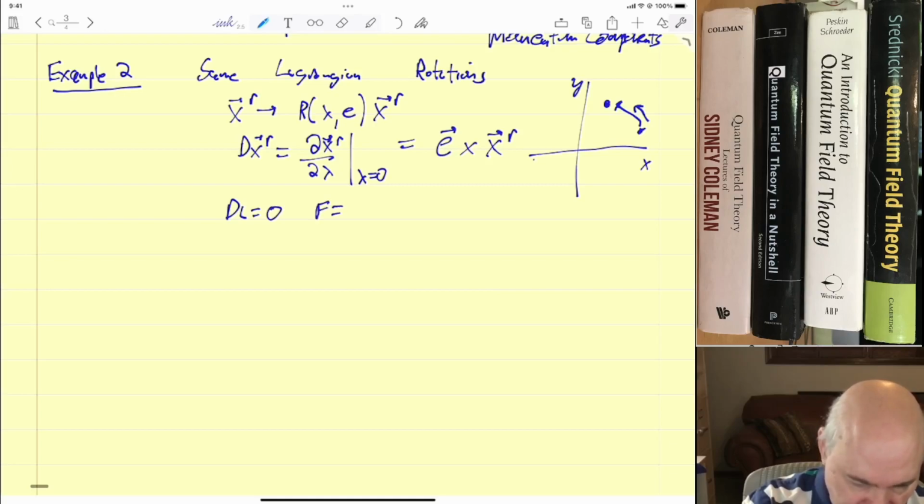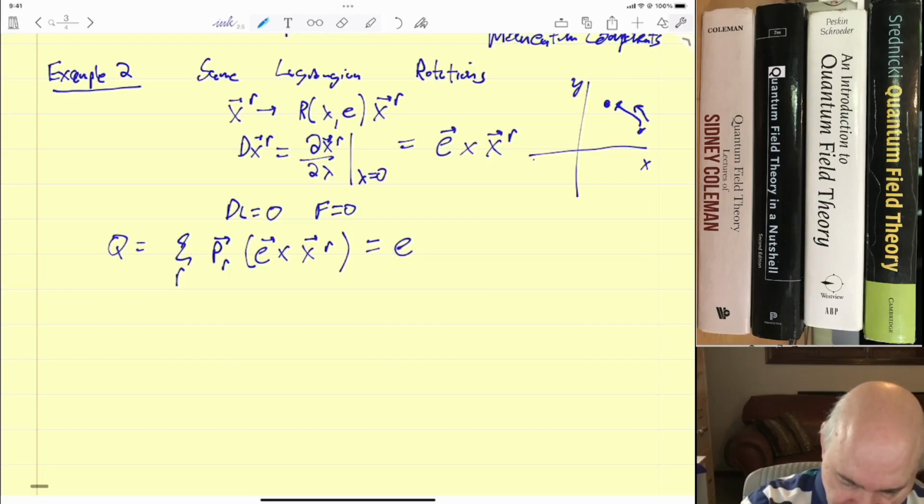So again, just by looking at that Lagrangian, we know that dL equals 0 and F equals 0. And then Q is equal to, again plugging into our basic formula, p_r dot e cross x_r, because that's what our dx_r is, e cross x_r. We can rewrite this using a vector identity.